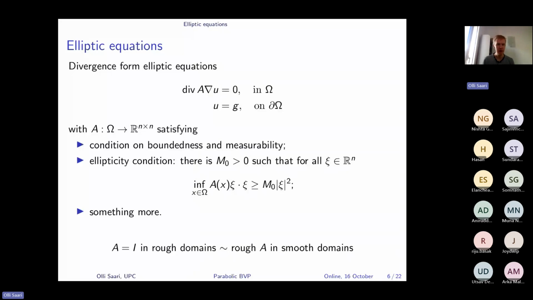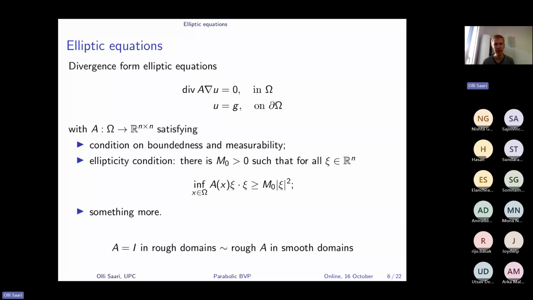And this is the basic setup for PDEs. But to do boundary value problems, we typically need something more. And these additional assumptions will be commented on later in the course of the results. And one motivation for elliptic equations is that if we want to study the Dirichlet problem even for the Laplacian in higher dimensions, in rough domains, then we typically would like to do some kind of coordinate change to reduce the rough domain to a good domain.